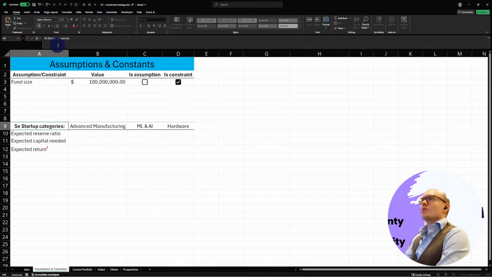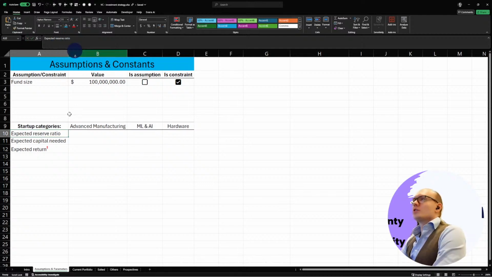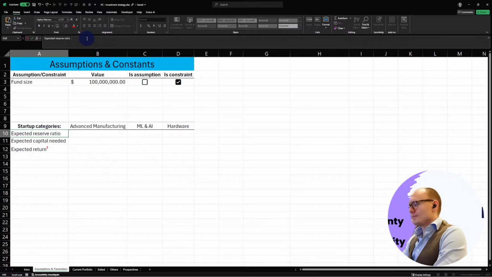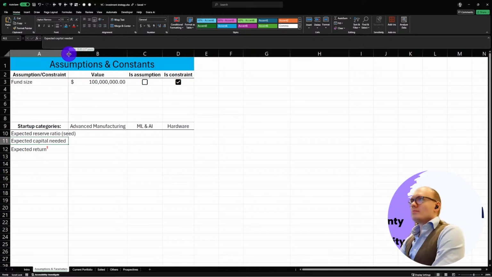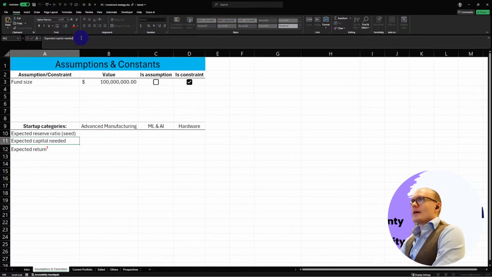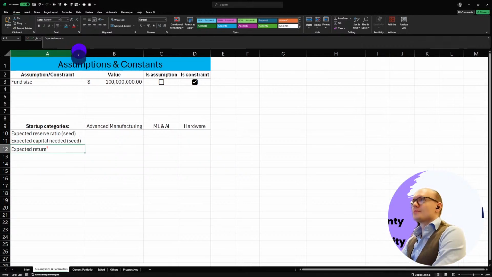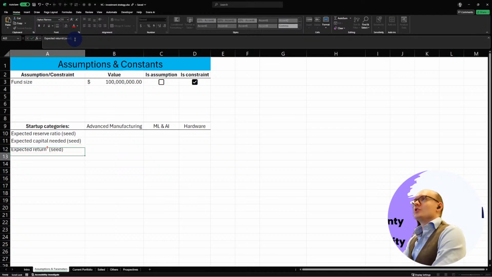Startup categories. So this is the reserve ratio. We'll do this here. Seed stage. And similarly, we'll do for this one. It's a seed stage. And expected return, seed stage as well.